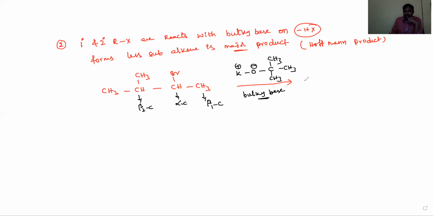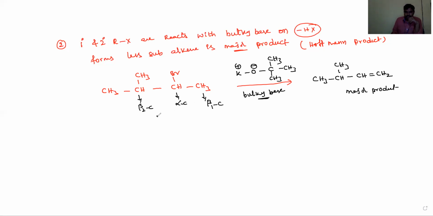Now this follows the Hofmann rule. The major product is CH3-CH2-CH=CH2.